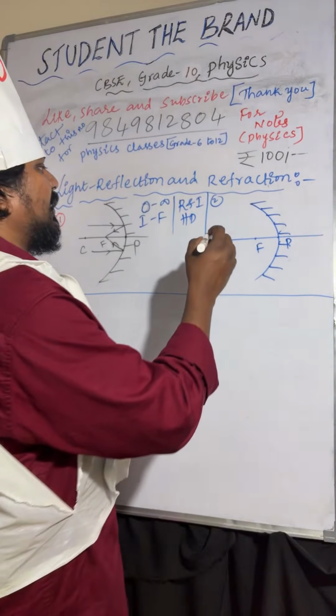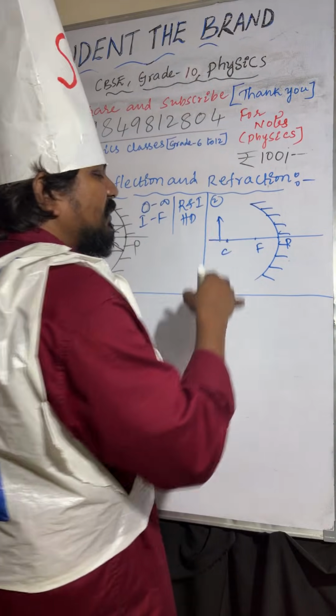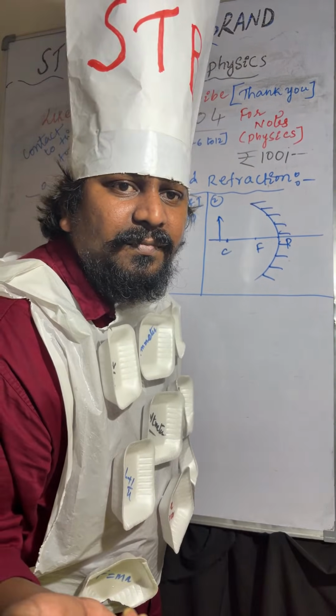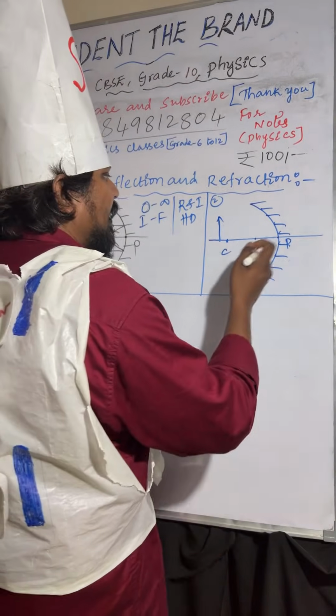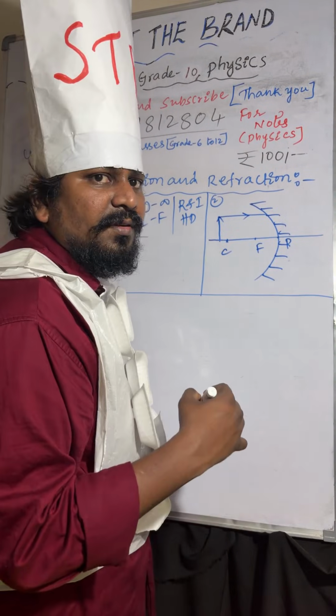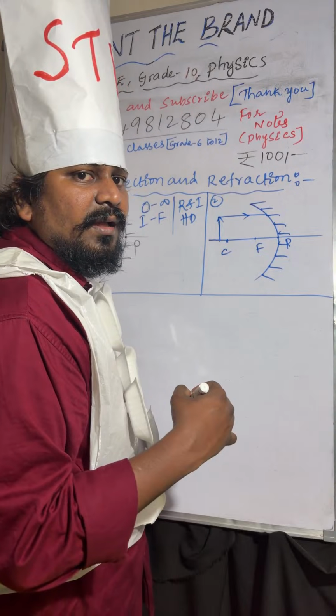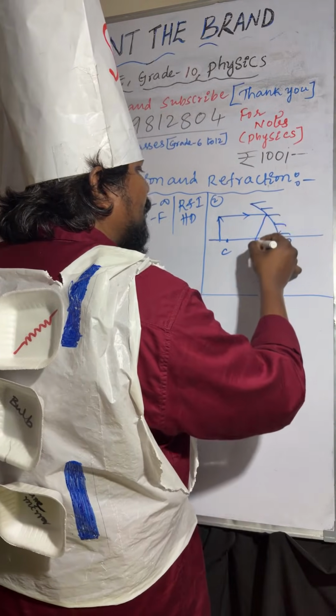I am placing the object here. This is the object. Where will the image form? Between C and F. How many light rays are required to form the image? Minimum 2.